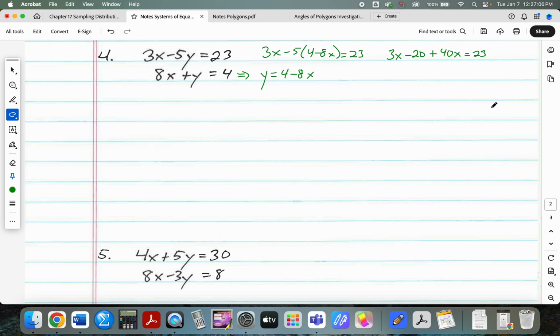This feels very wrong. Okay. Oh, then when I add 20 to both sides, I get 43x is equal to 43. Suddenly it feels very right. So x is 1, and y is 4 minus 8 times 1, so y is negative 4.